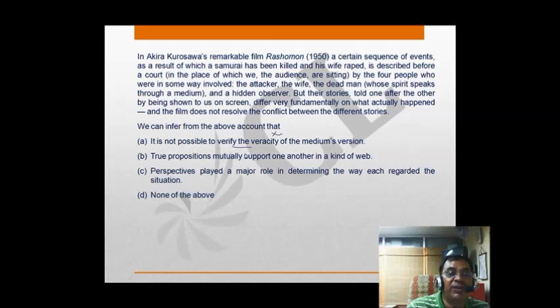So this cannot be the answer. True propositions mutually support one another in a kind of web. No, that is totally the opposite, because if the true things were there, they would have supported each other, but they are contradicting each other. Perspective played a major role in the way each regarded the situation. Probably this is correct. That is why they have given descriptions of the people, the attacker, the wife, and so on, and that is why this will be the answer.